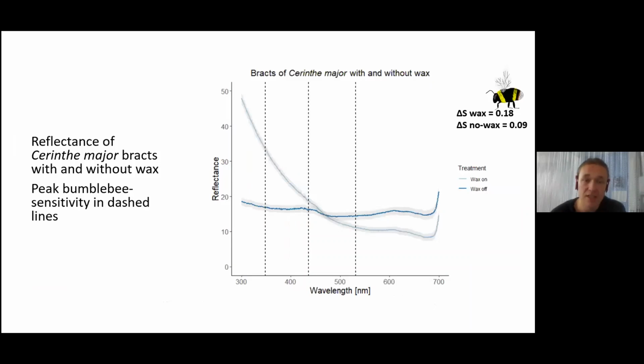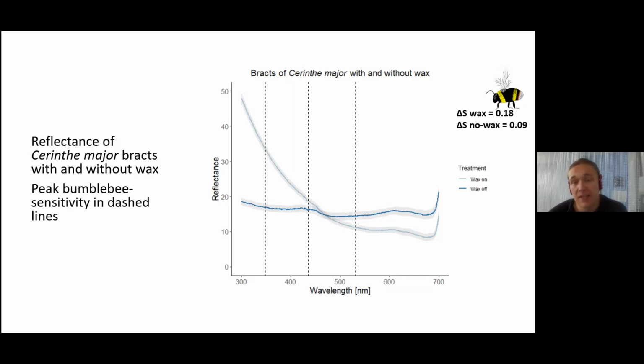And if you measure this using a hyperspectral probe, you can tell that it actually is significantly reduced, the reflection in the UV blue region, which is very interesting from a pollination point of view, because bumblebees love that kind of spectrum. They're very interested in what happens there.